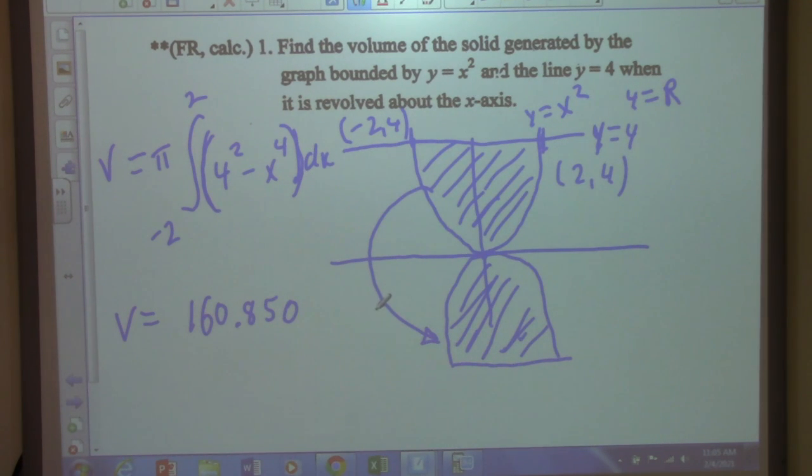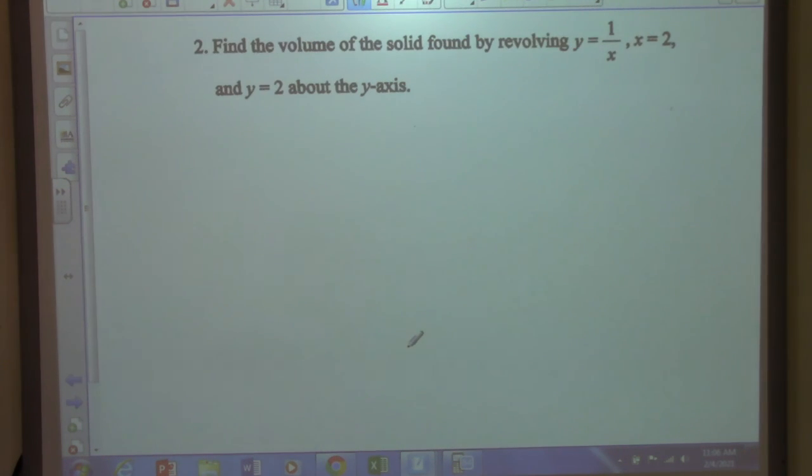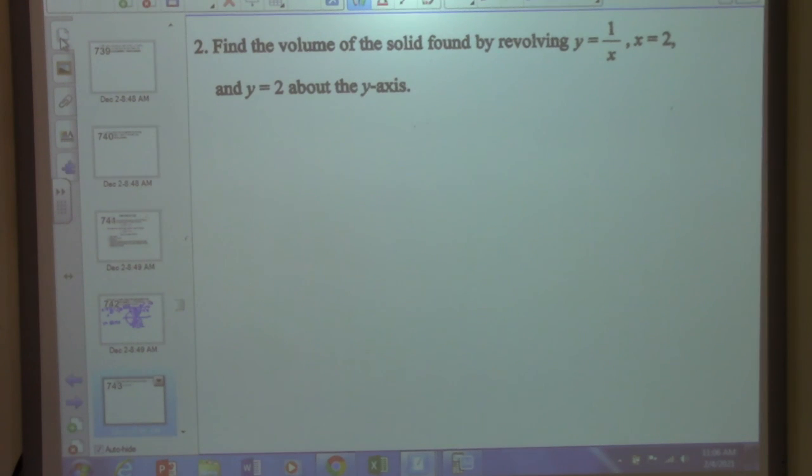Are you always looking for units when you do your problem? You should be looking for units, okay? And then this is it. This is probably where we start tomorrow, page 743, okay?